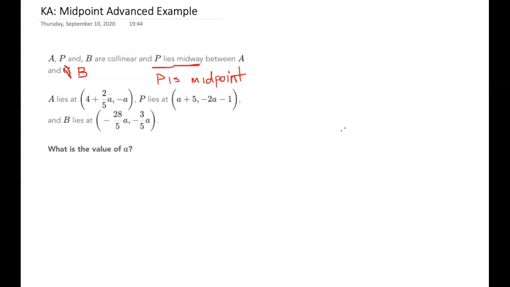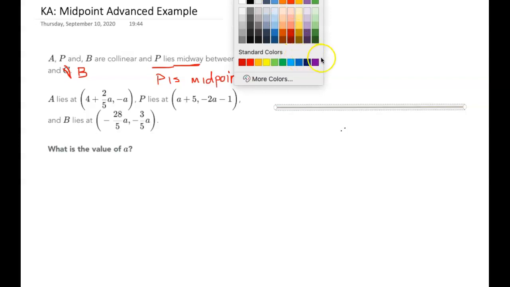So let's sketch ourselves a picture of what this might be. I'll draw myself a line here, and then let's put some points on here.